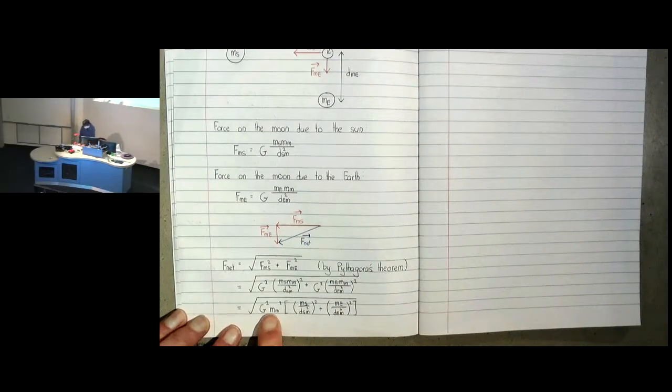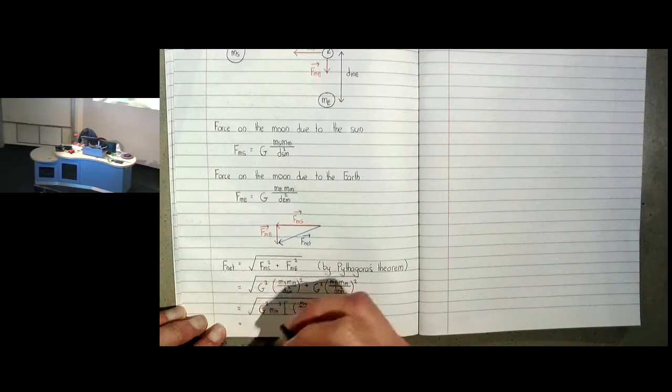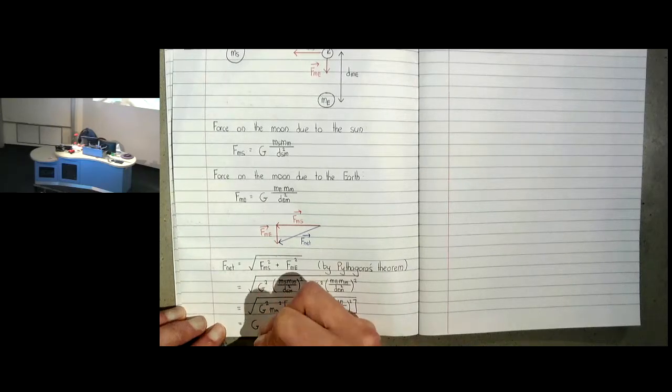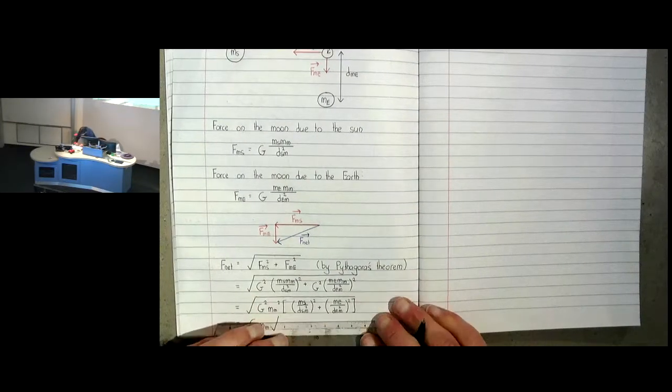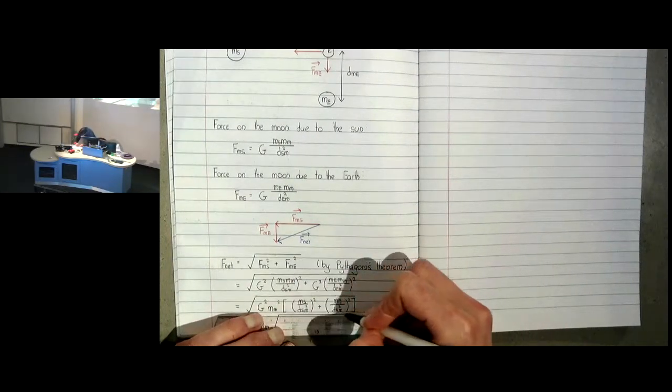And since we have G squared times the mass of the Moon squared underneath a square root sign, it turns out that we can just pull these two factors out and make them sit outside the square root. So instead of squaring them and then having to take the square root immediately, we can just pull these outside of the square root, and we're left with something that looks a bit nicer.